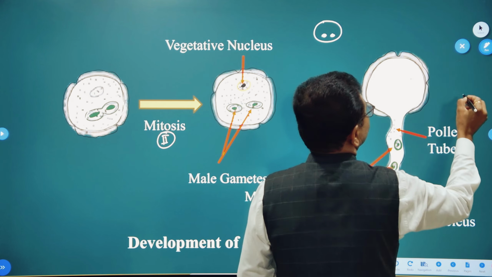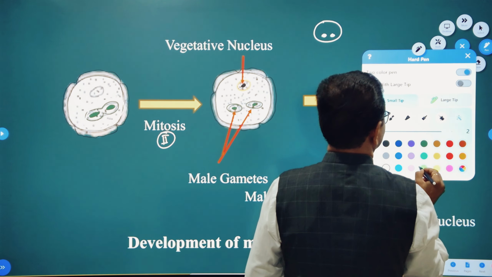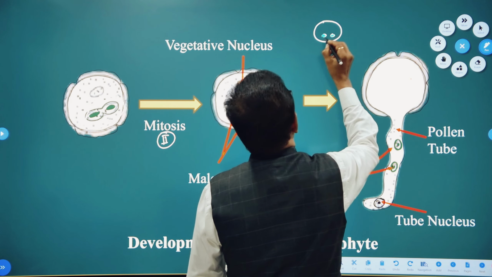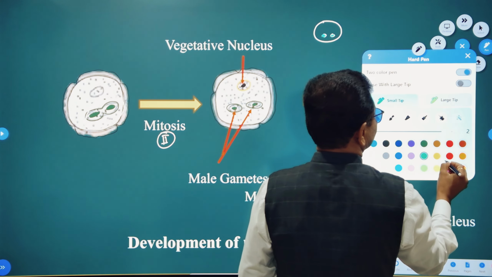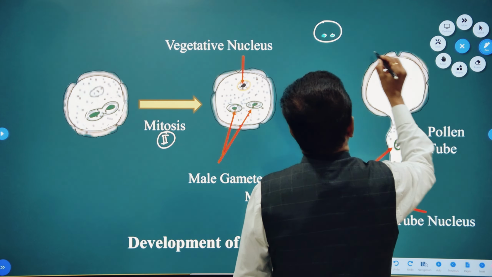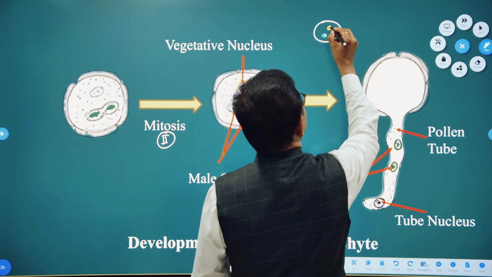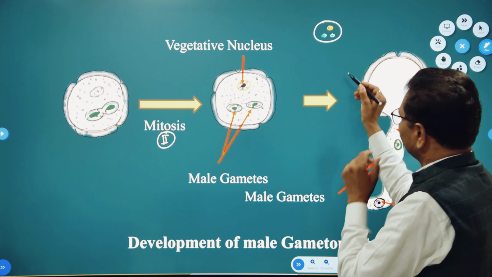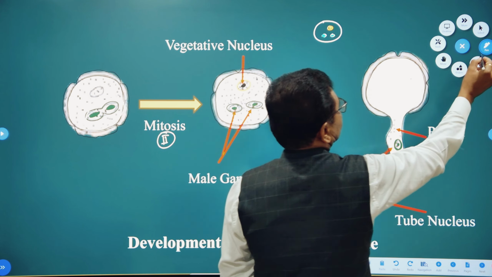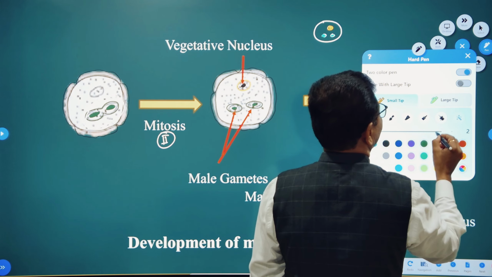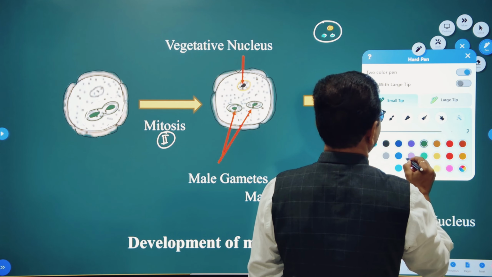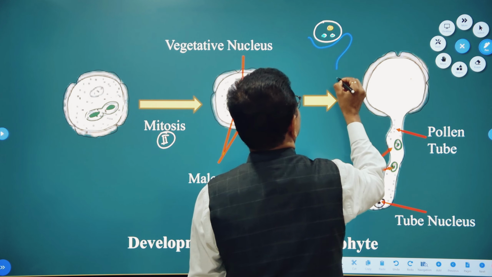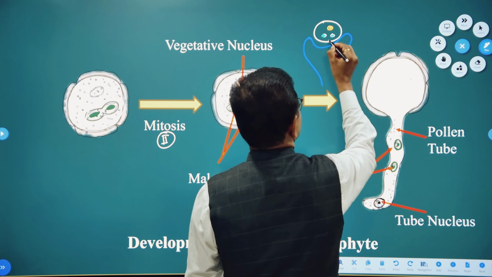These two male gametes, we will show in green color, two male gametes. And this is the vegetative nucleus. At this stage the pollen grain will come out from the anther and get deposited on the stigma. The stigma is part of the carpel, and we call it the stigma. Suppose this is the stigma; it gets deposited on the stigma.